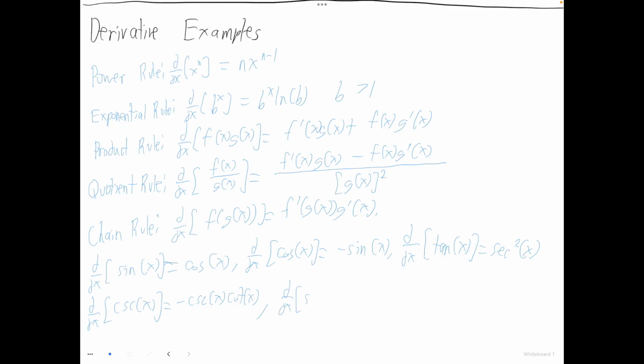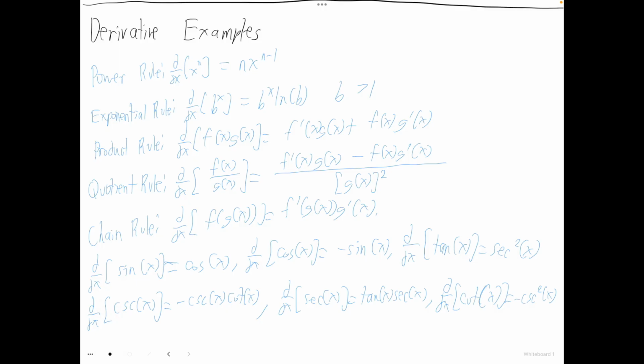The derivative of secant of x is tangent of x, secant of x, and the derivative of cotangent of x is negative cosecant squared of x.